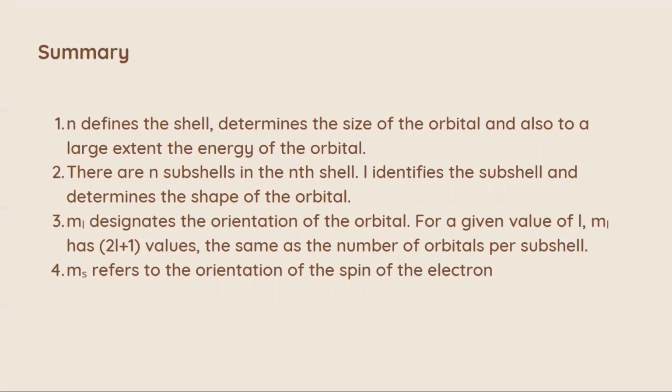ML, the magnetic quantum number, designates the orientation of the orbital. For a value of L, ML has 2L plus 1 values, which gives us the number of orbitals in each subshell. ms, on the other hand, gives the information on the orientation of the spin of the electron.